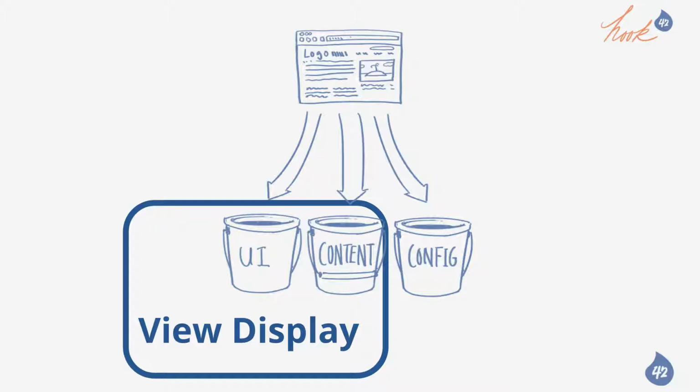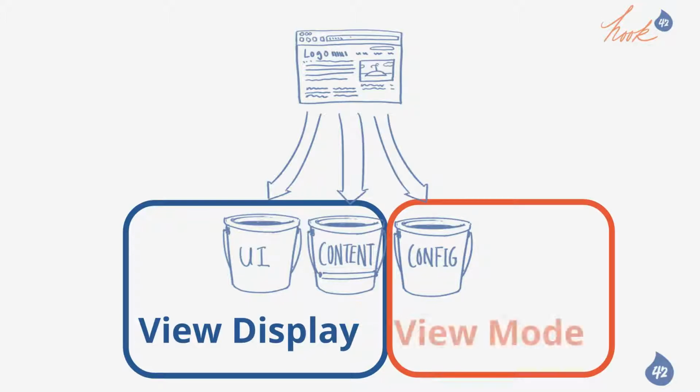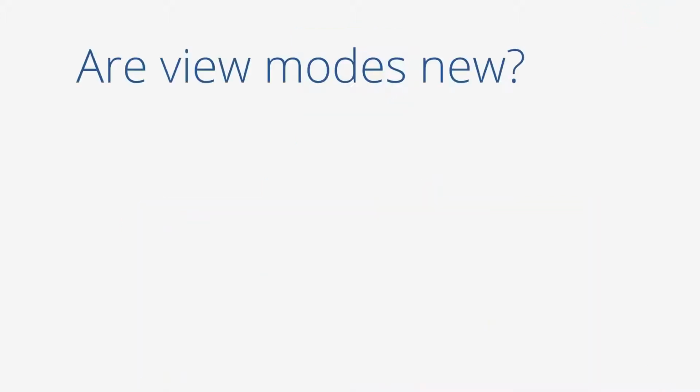And then how do you know what it's supposed to do? That's where the config comes in. So the view display is different than the view mode. View mode is configuration. View display is what you see. So it's all about naming. Naming is very important in this topic.